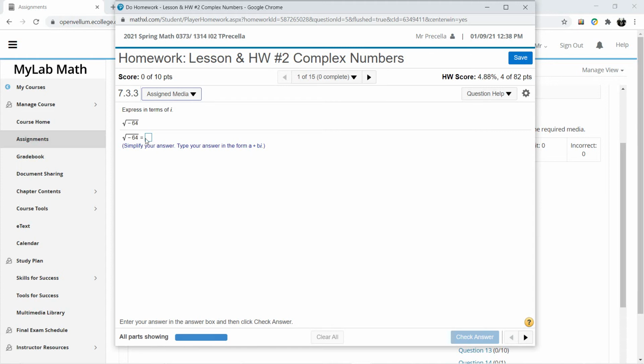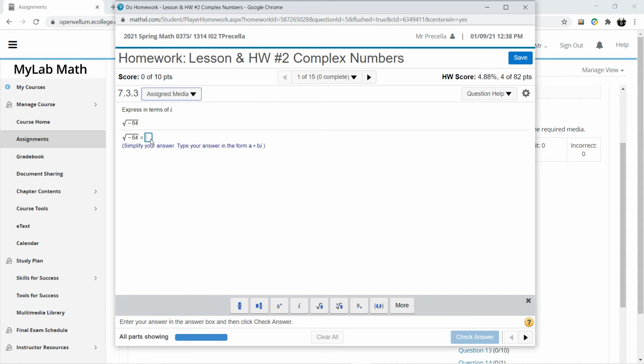Let's see, what does that say? The square root of negative 64. Well, that's sort of like the square root of negative 25. This first one's going to be pretty easy. What am I going to do? I'll say, okay, the square root of 64 is an 8. And then punch in a lowercase i. You'll notice down here there's an i. Or you can just use a lowercase i. When you're punching answers in with MyMathLab, do not hit space keys.